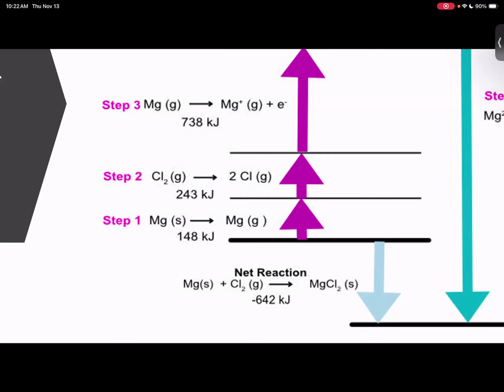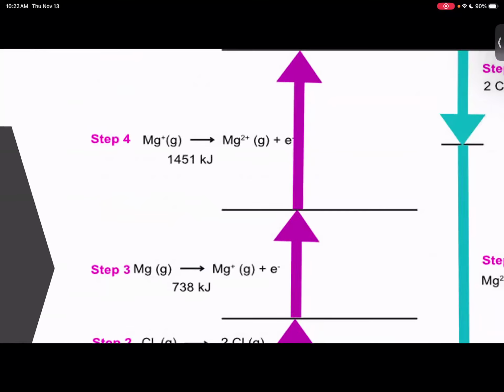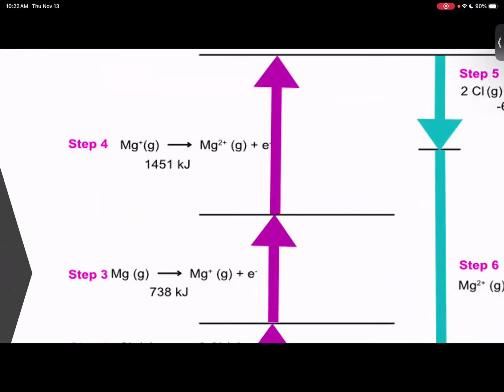It also requires energy, but with magnesium, we have to take magnesium gas and convert it into a +1 charge. That's the first ionization energy. And then we have to take magnesium +1 and convert it into magnesium 2+, which is the second ionization energy. So magnesium has to go through 2 ionization processes, both of which are going to be positive.